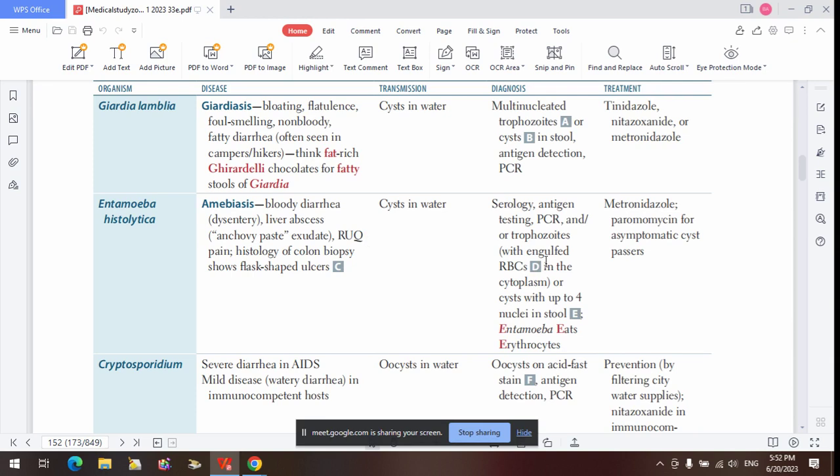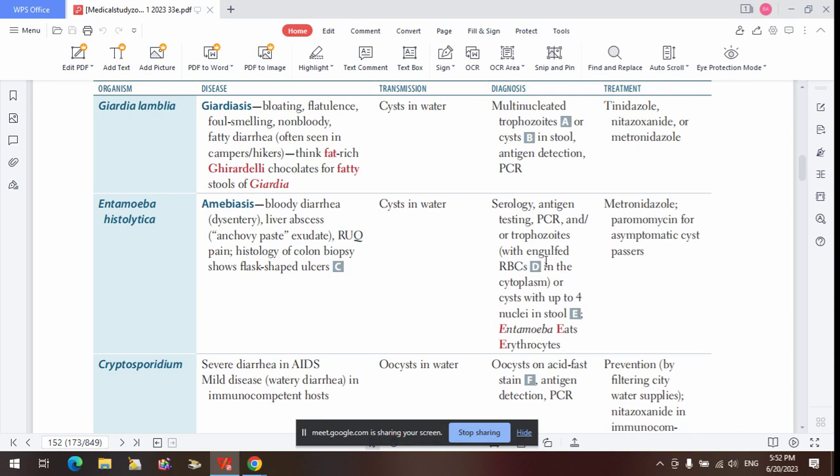But the one that introduces the organism into the host is the cyst form. When the cyst gets to the host, it will transform into the trophozoite. The trophozoite will start burrowing into the epithelial cells, the mucosa and the blood vessels, causing the problem.